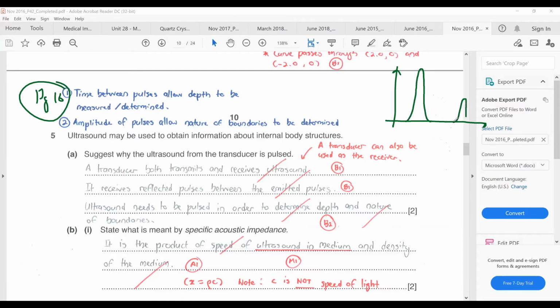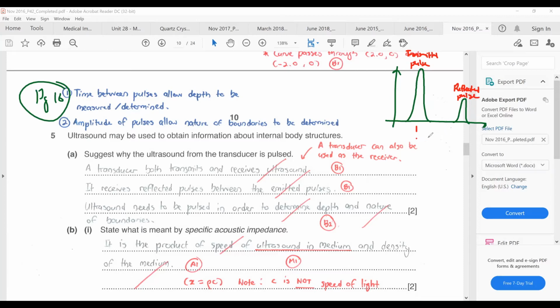This one here is what I mentioned, your transmitted pulse. This is your reflected pulse.